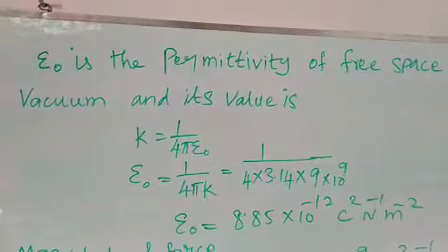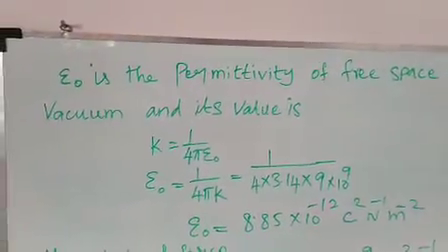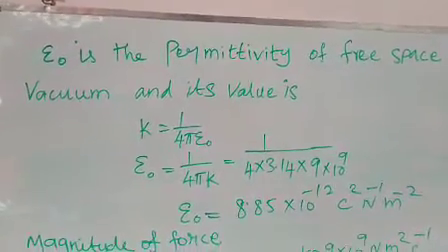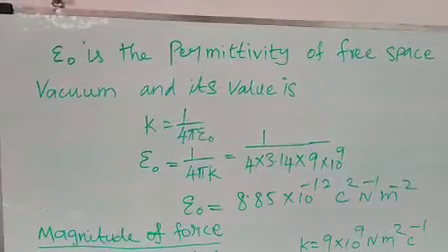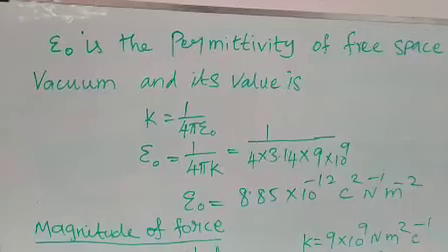Epsilon naught is the permittivity of free space, or vacuum, and K = 1 by 4 pi epsilon naught. So we need the epsilon naught value.